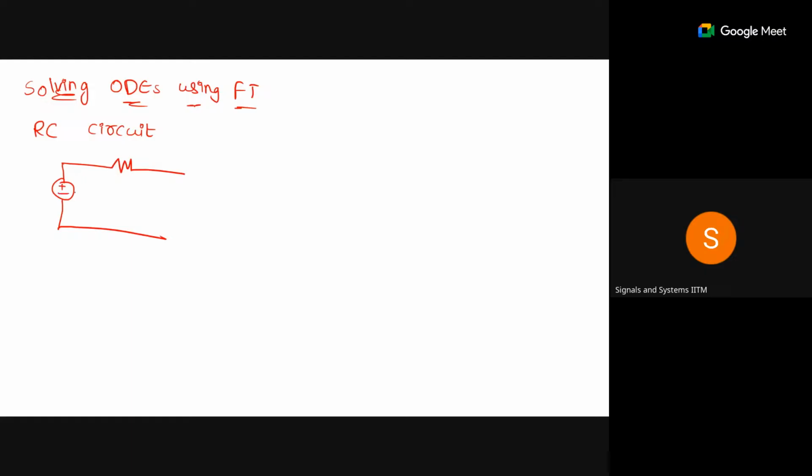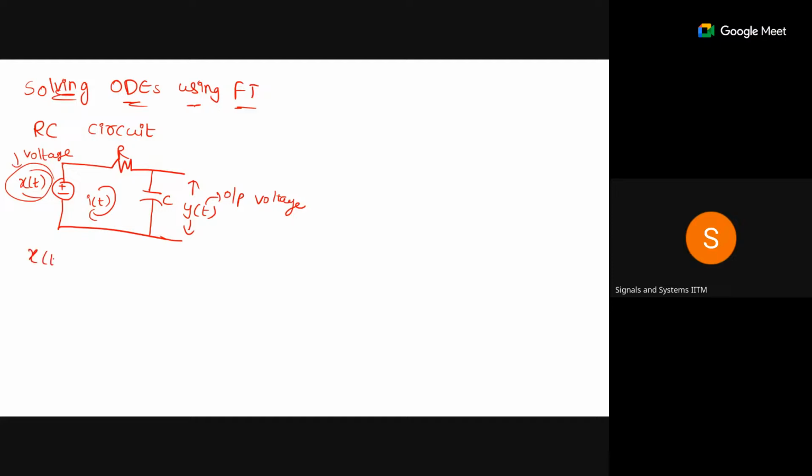It could be represented in the schematic diagram I'm writing. Here the input is x of t, with R and C in this RC circuit. We want to find the output across the capacitor, and the current flowing in the circuit is i of t. So x of t is the input voltage, and y of t is the output voltage.